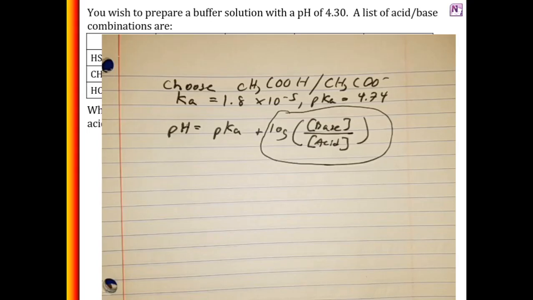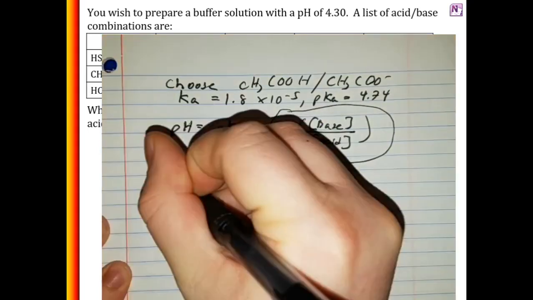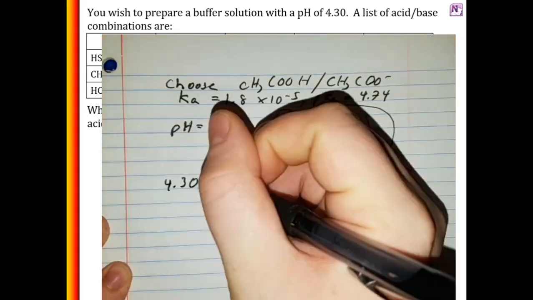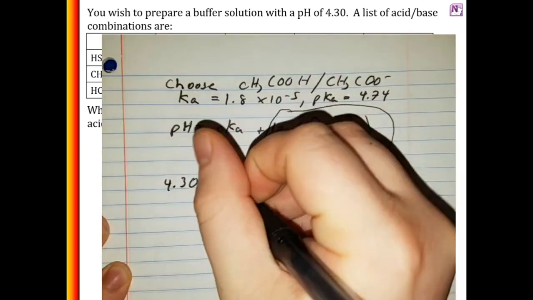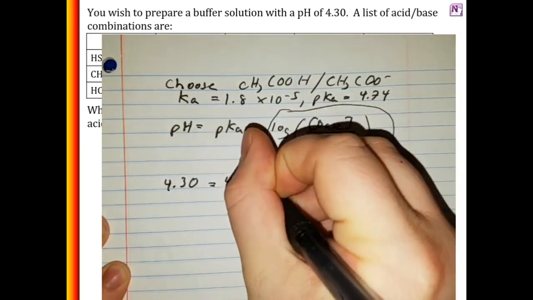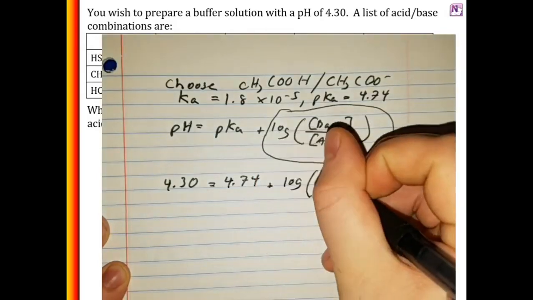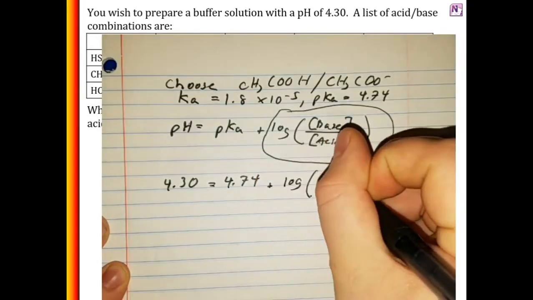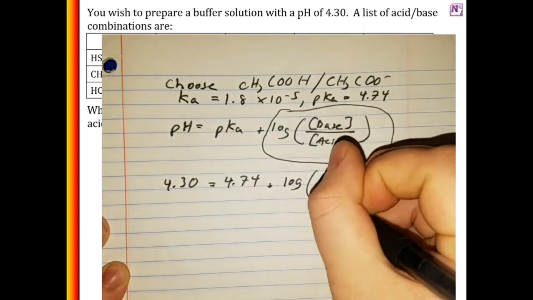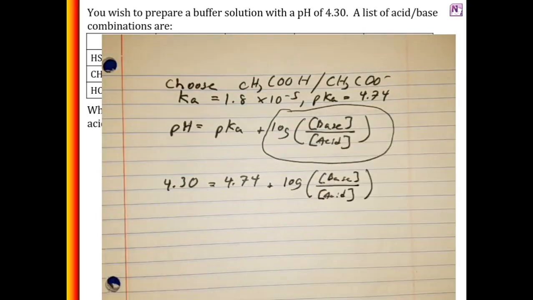Now we just plug in what we know. Our target pH from our question is 4.30, and our pKa is 4.74. Then we're just going to say plus the log of our base concentration over our acid concentration. Now we need to solve this equation for this portion.